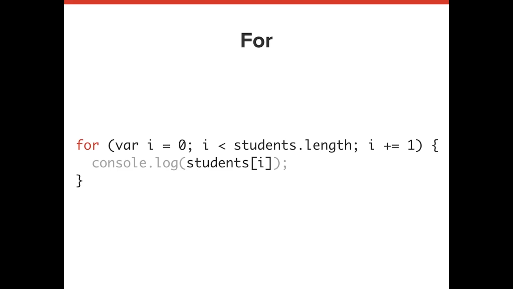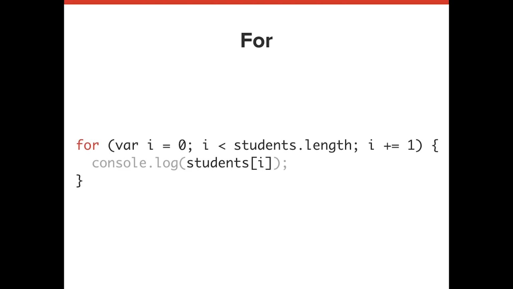So here, this code just loops over every element in the students array, and prints every element on the console. So it's fairly simple code, but let's look at the syntax. So you have the for, and then you have var i equals 0, semicolon. This first statement is executed just once. It's executed at the beginning of the for loop. It's an init sequence, if you want.